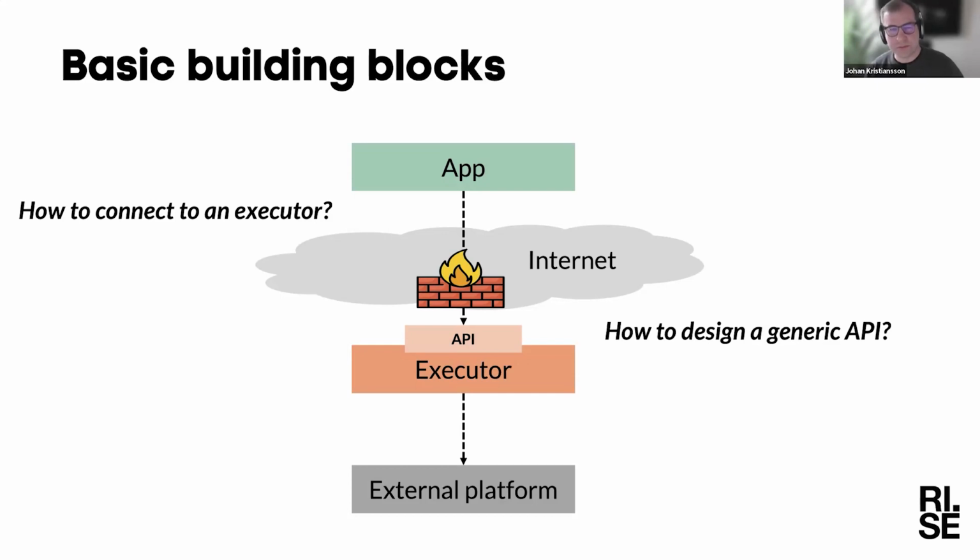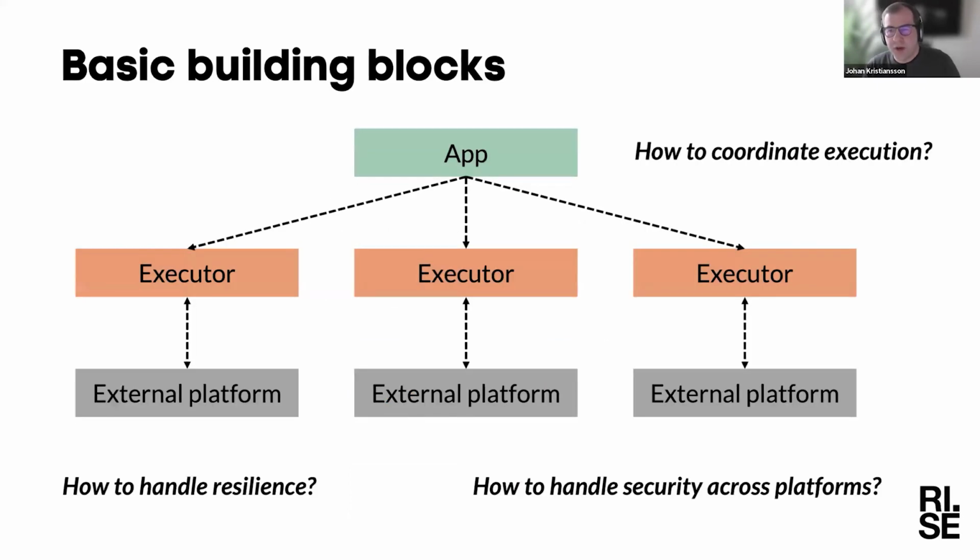Another problem is how do you coordinate the execution? You don't want the same computation to run on 2 or 3 executors at the same time. You want to run it only once on one executor. And how do you handle resilience if some of these executors crash? And I mentioned security. How do you do that?